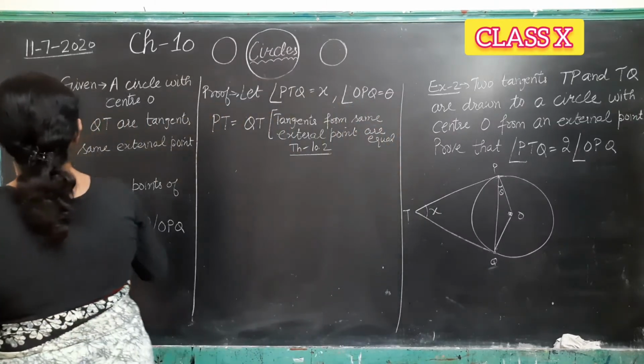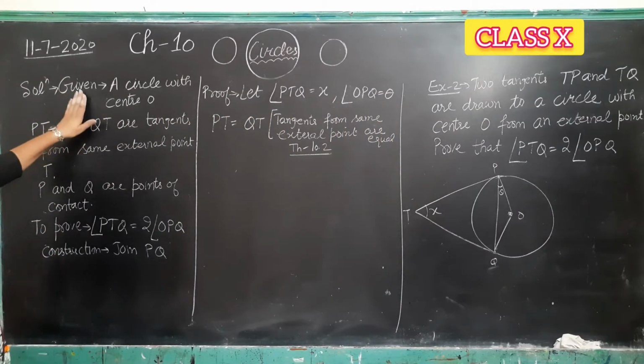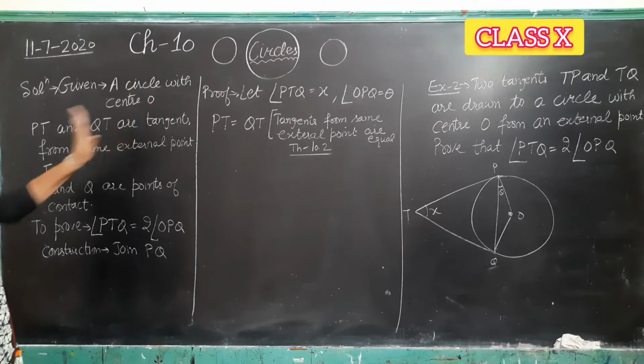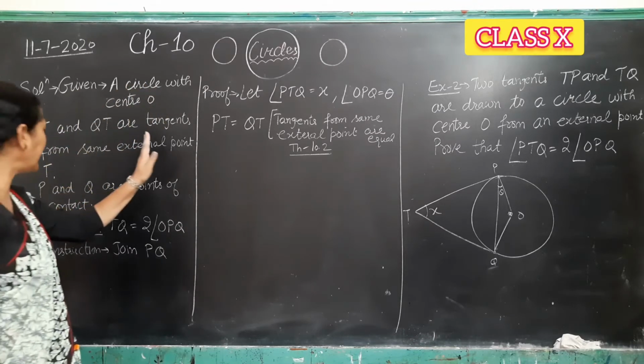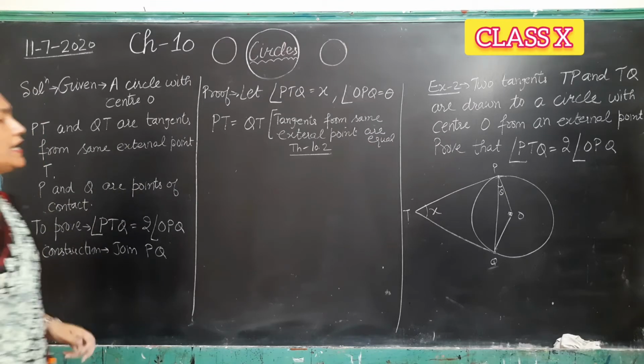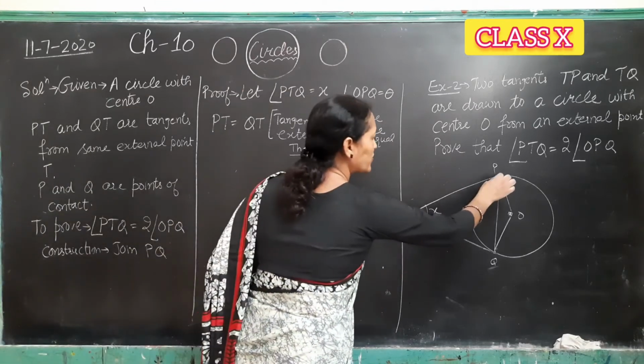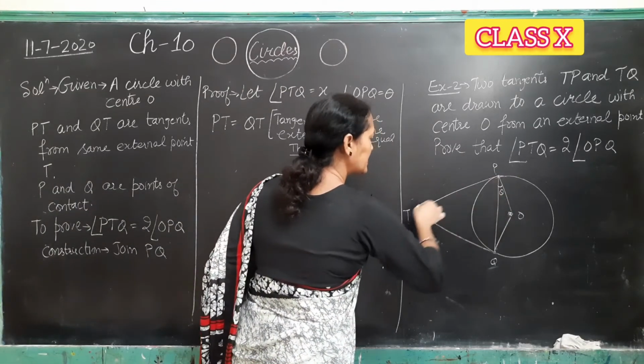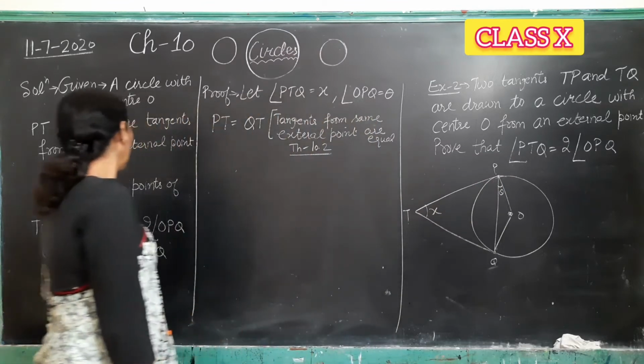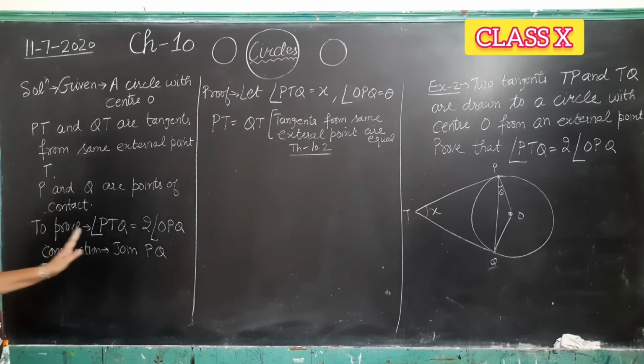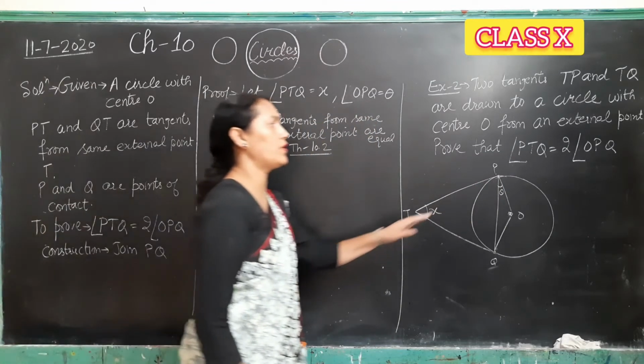So, let us start doing it. Given a circle with center O, PT and QT are tangents and P and Q are points of contact. We have to prove that PTQ equals double of OPQ.